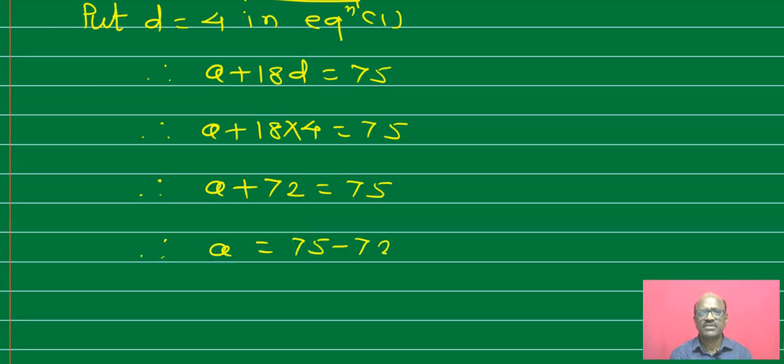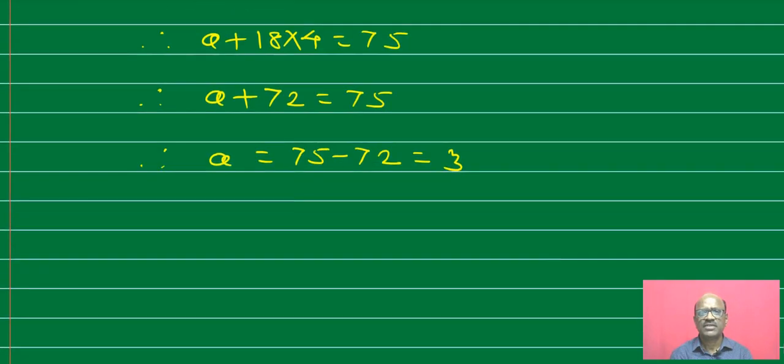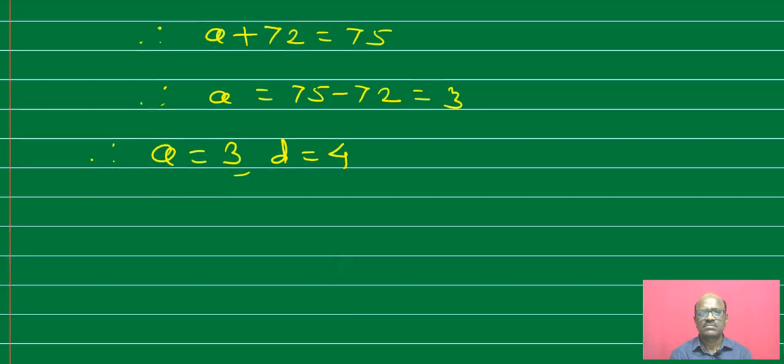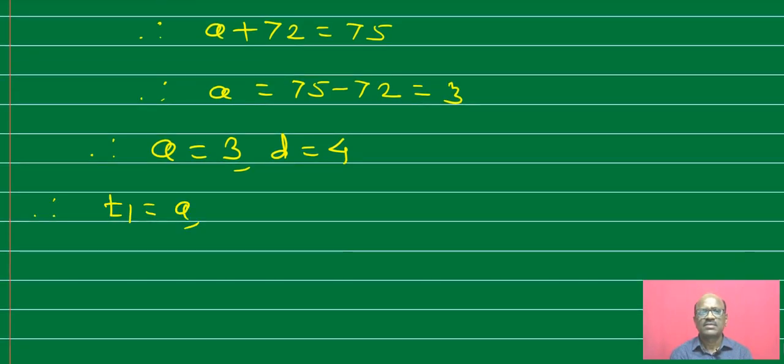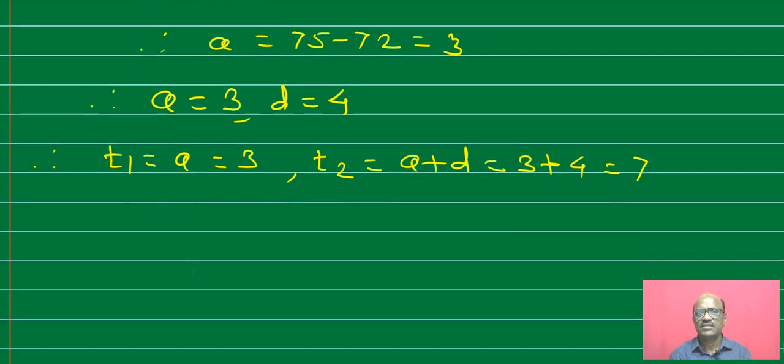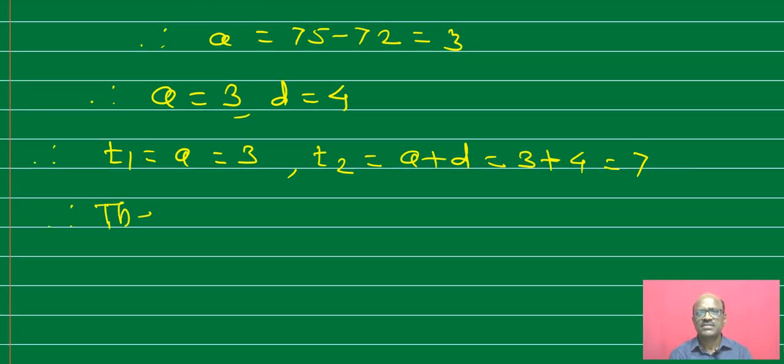Therefore, a is equal to 75 minus 72, so a is equal to 3, and d is equal to 4. Therefore, T1 is a, that is 3. T2 is a plus d, that is 7. Next is 11. Therefore, the required AP is 3, 7, 11, 15 and so on.